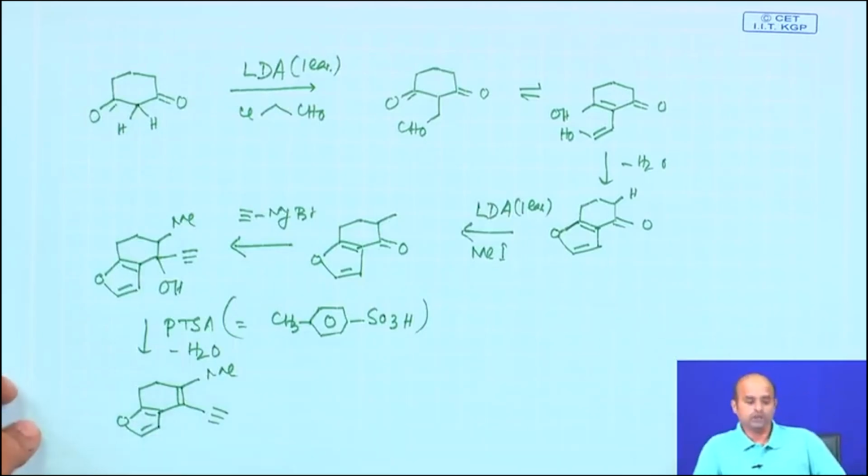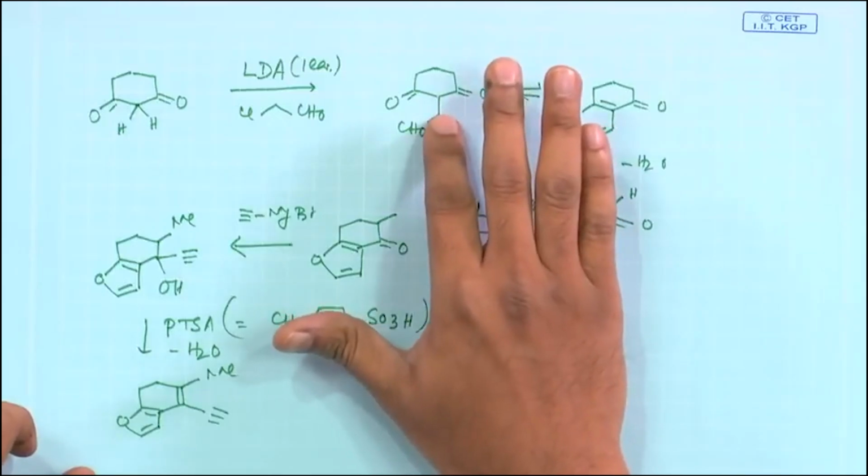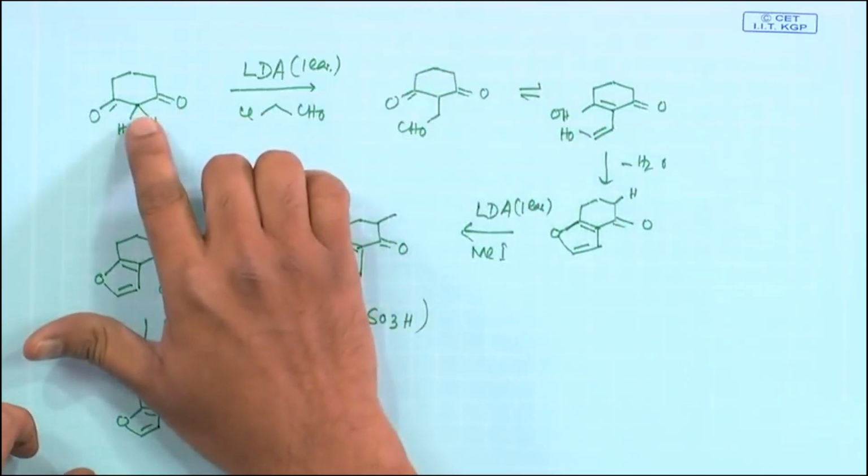So, the entire pathway of this molecule, which looked a bit complex at the beginning, we tried to approach in a very methodical, strategic way, showing how stepwise retrosynthetic disconnection helps you go in the reverse direction to reach the starting material which was given.